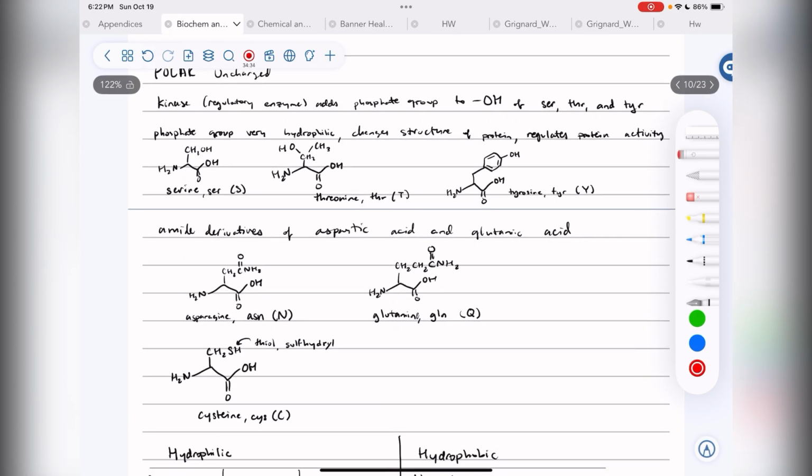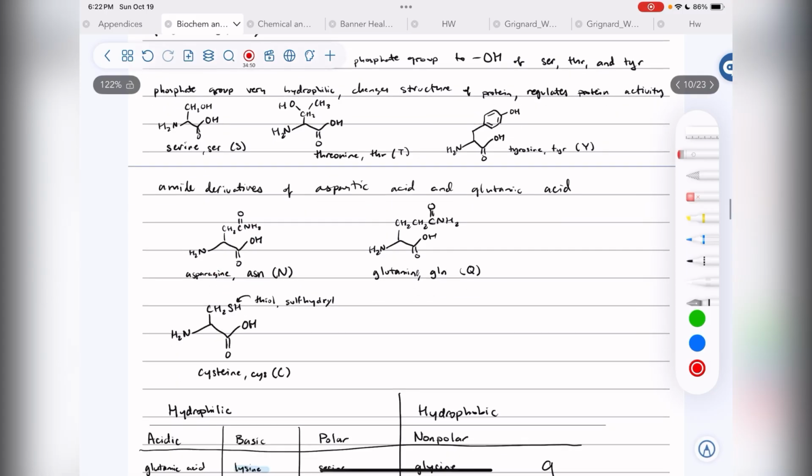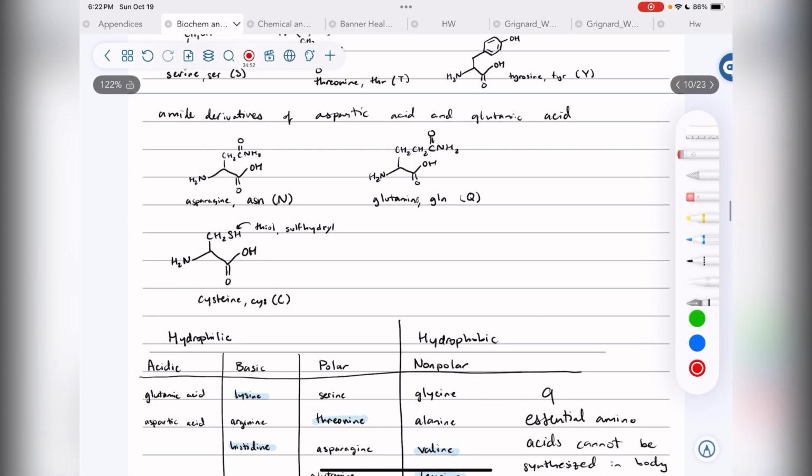Over here they have the C double bond O, and the only difference is now it's NH2, but it has the same number of carbons. So asparagine, aspartic acid, glutamine, glutamic acid, and the only difference is the amine group here, hence the ending. So maybe those will be easy to memorize.